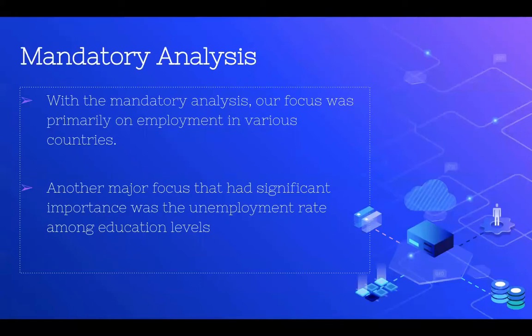Our mandatory analysis is made up of questions that are provided by the professor. These are the 9 mandatory questions, and from these, we were able to analyze unemployment rates between the countries.